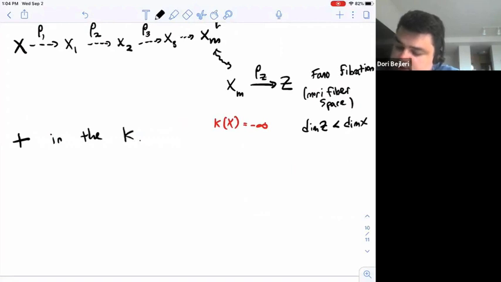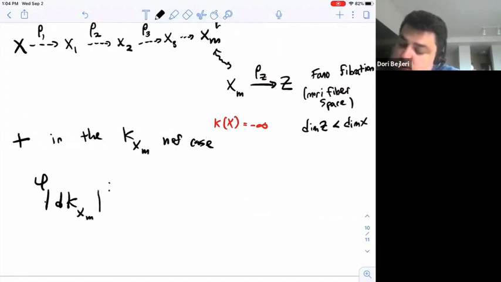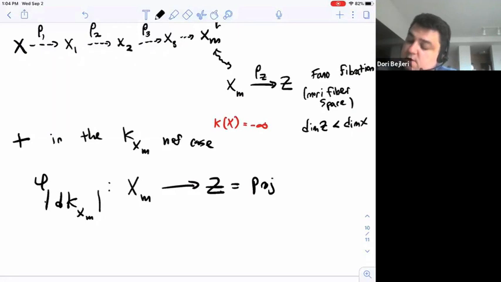Again, the expectation is that in the K_{X_M} nef case, there's a morphism coming from a large enough multiple of the canonical divisor onto some Z, where this Z is Proj of the canonical ring. And this is really a morphism, not just a rational map, on this X_M.